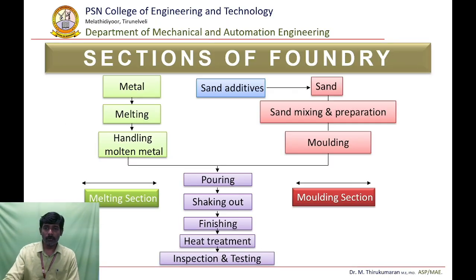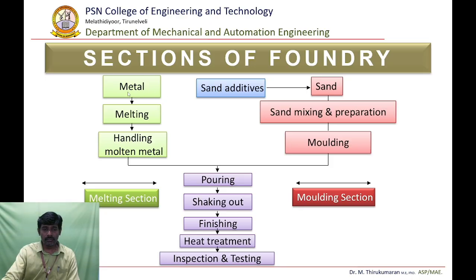Next is the foundry. This is very important for the molten material stages. One is the metal foundry and the other is the sand foundry.